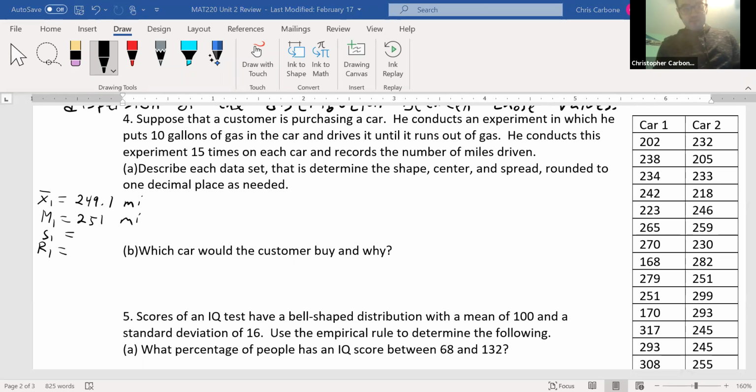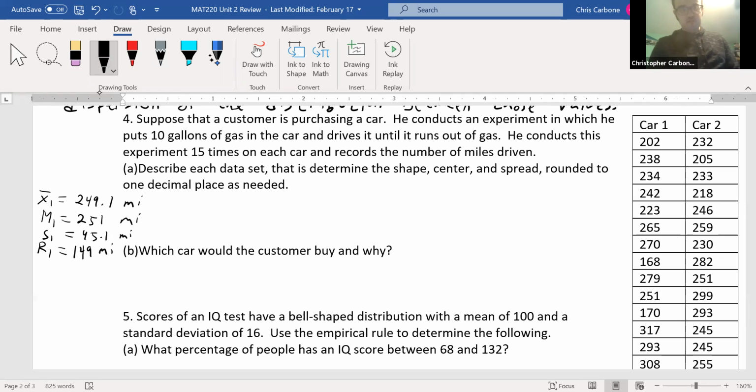For the sample standard deviation, that gave us a value of 45.1 miles. And then finally, the range of 149 miles. That's just for car 1.